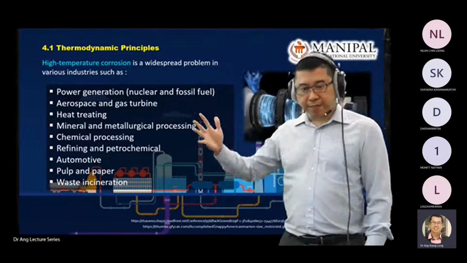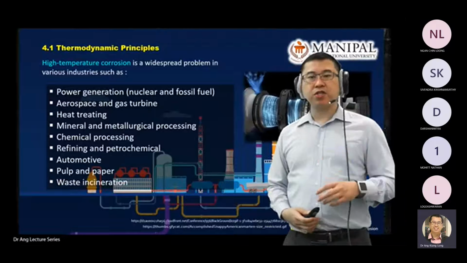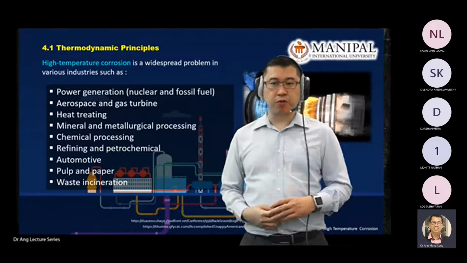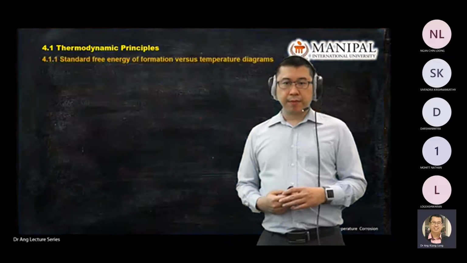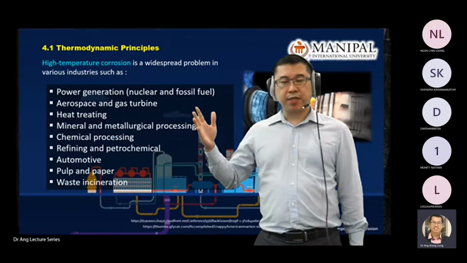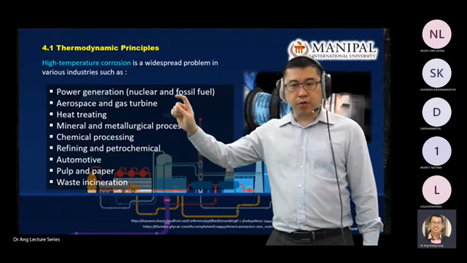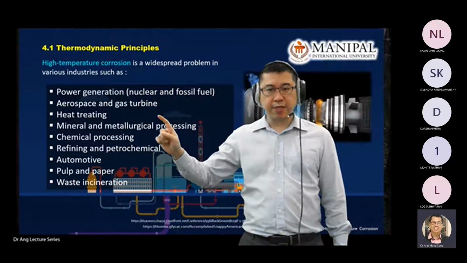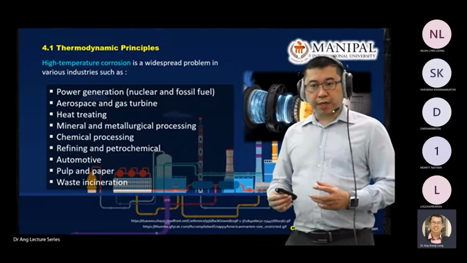These are the industries where you can find evidence of high temperature corrosion. In this chapter, you'll see a lot of examples come from this list. We go into detail on the examples, and it will help you get the idea.